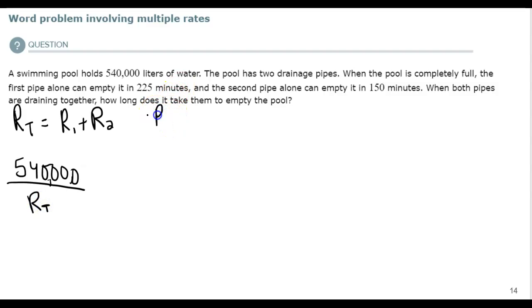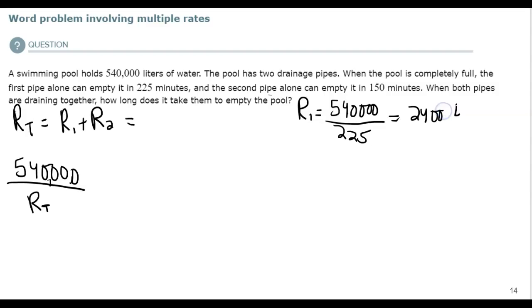So let's find the rate of pipe 1 first. So I have that much water, it can empty in 225 minutes. So it gets me 2,400 liters per minute. My second pipe, if the same pool is filled with that amount, it takes 150 minutes.